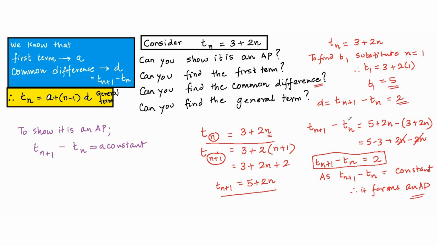Can you find the general term? Well, I have already been given the general term. The general term given to me is 3 plus 2n. So general term is basically that general formula which helps me derive any particular term in the given arithmetic progression, right? So again, let me pause for a minute before I move on to the next question.